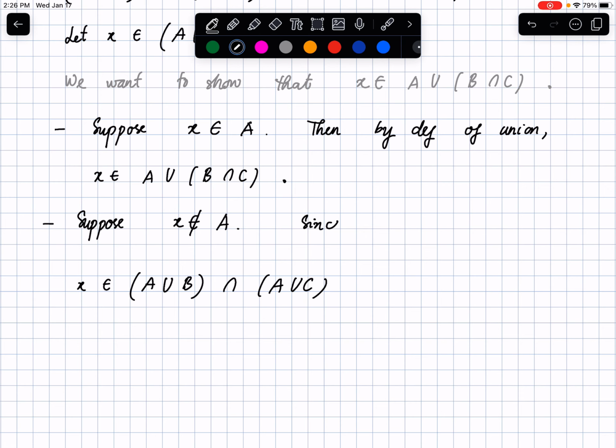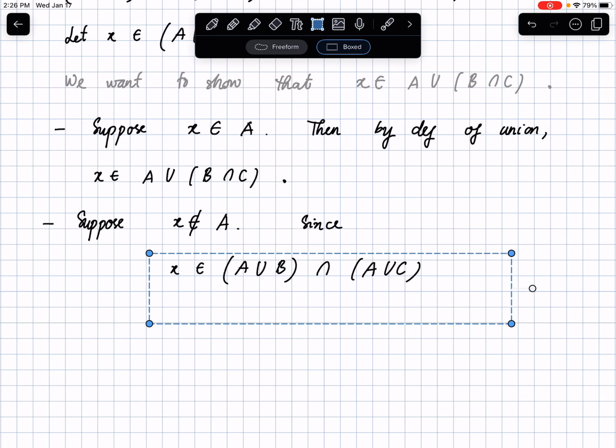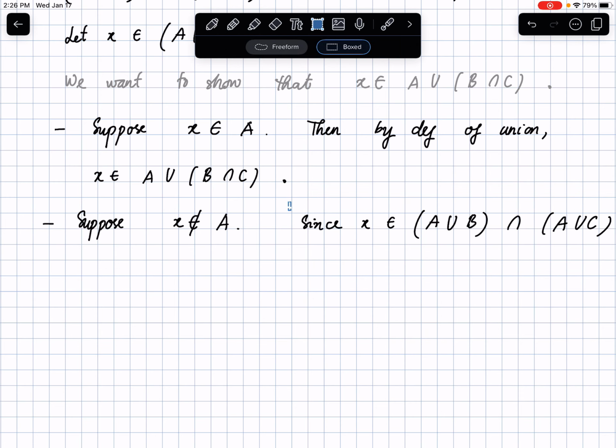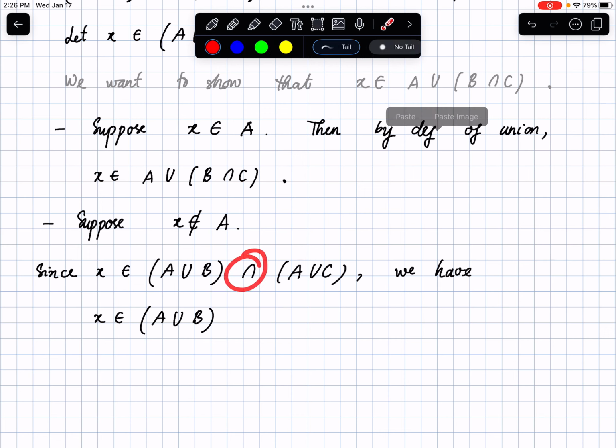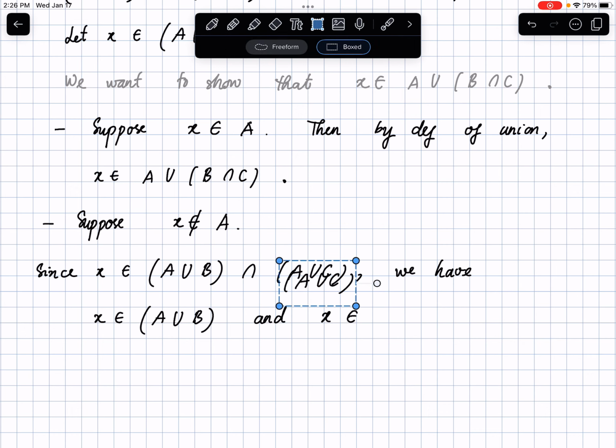Since X is in this intersection, by definition we have X is in the first set, and because this is the intersection, right, X is in the second set. So it makes sense, right?